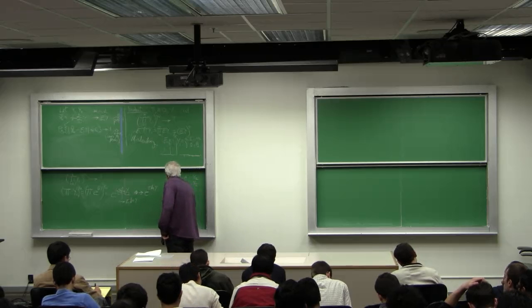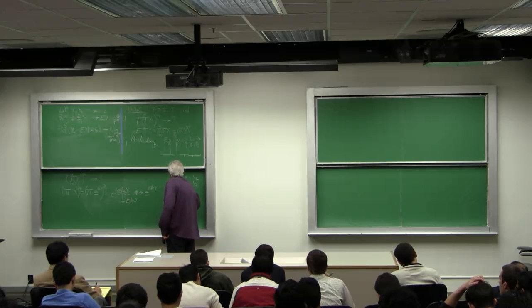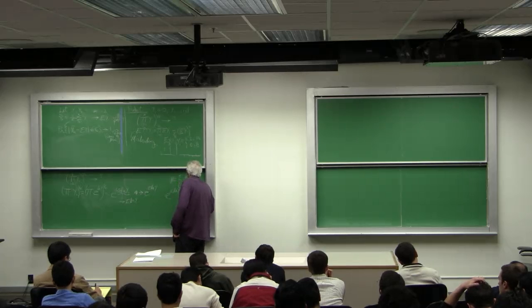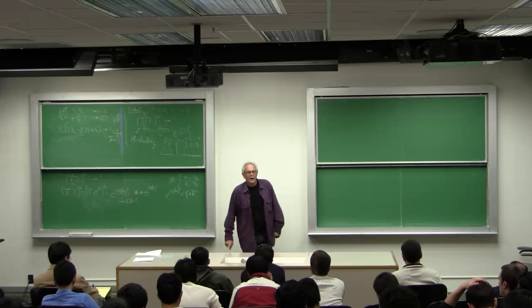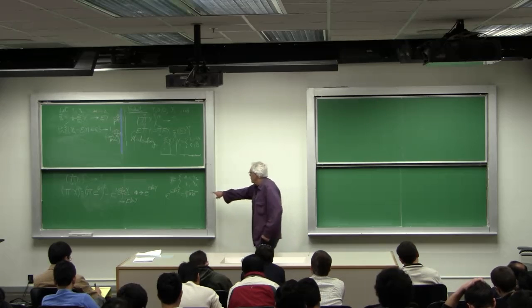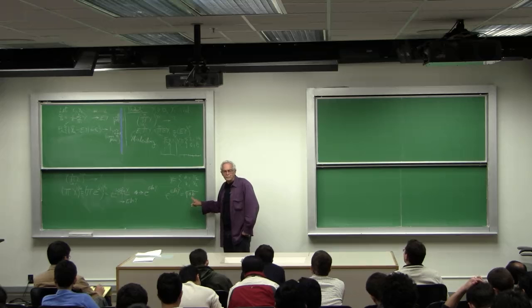Then e to the expected value of log Y will equal the square root of a times b. Just check it out. And this, of course, is the geometric mean of a and b.